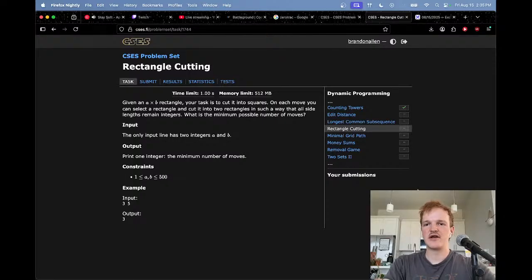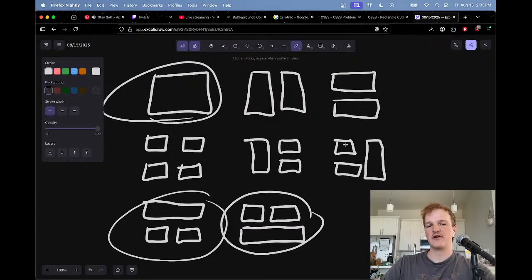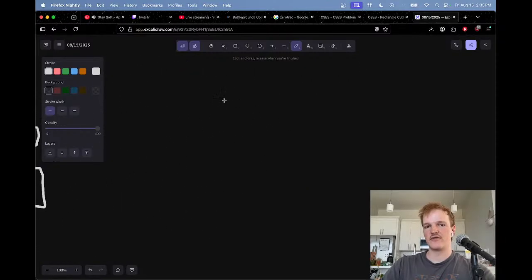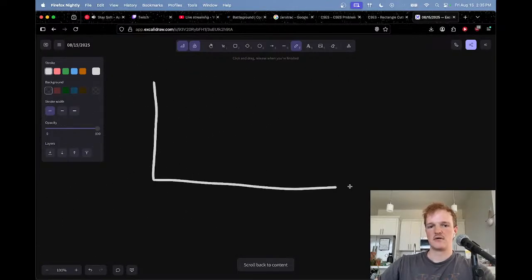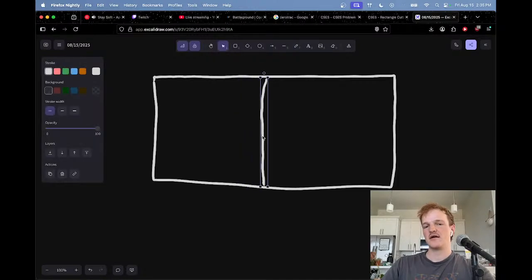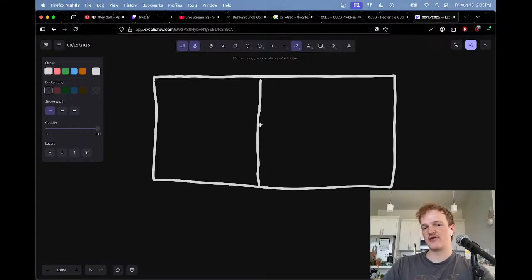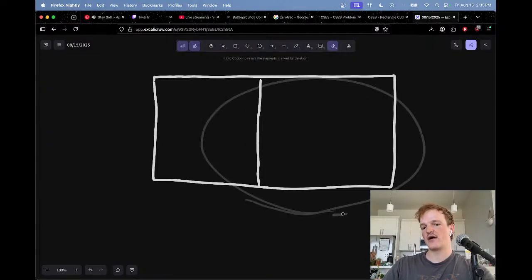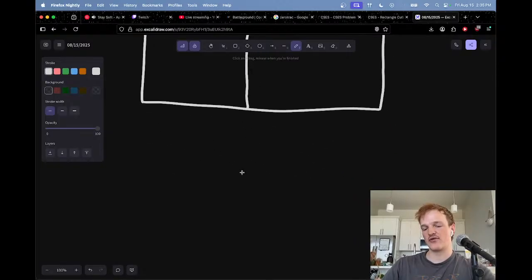A and B. Okay, so what are we actually doing here? This was a very satisfying problem to solve. So we have some rectangle, and I think you're basically going to make partitions over and over again and ask, can I do that? The first thing to recognize is, given any rectangle, it will always contain a square, and you could always just remove that square, or it might even contain several squares.